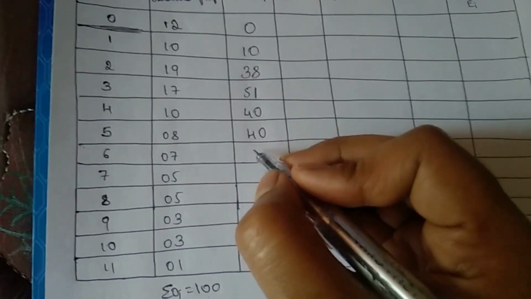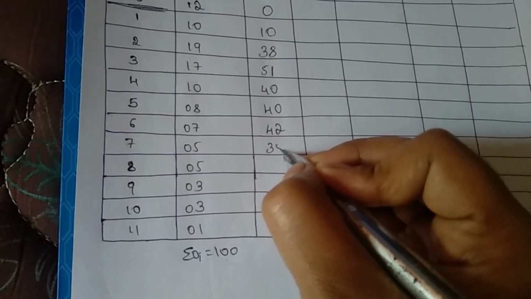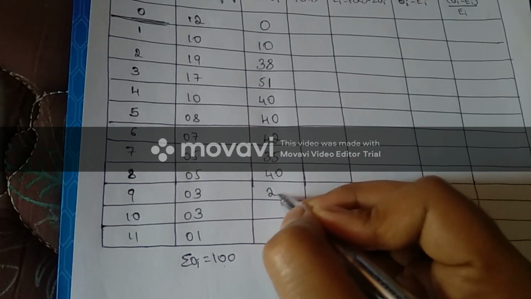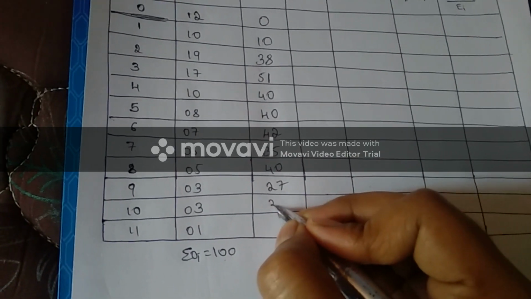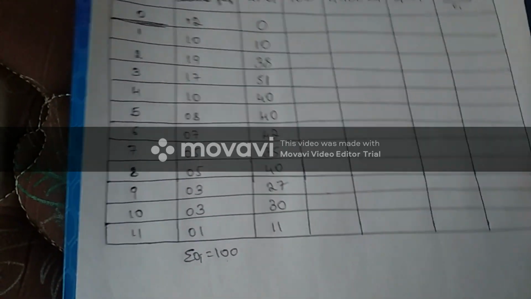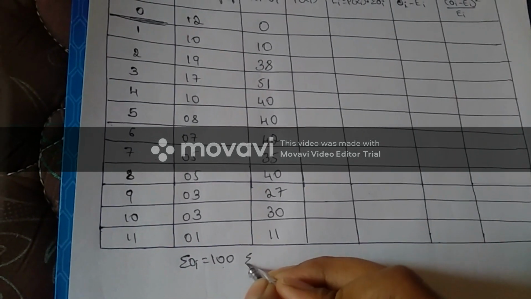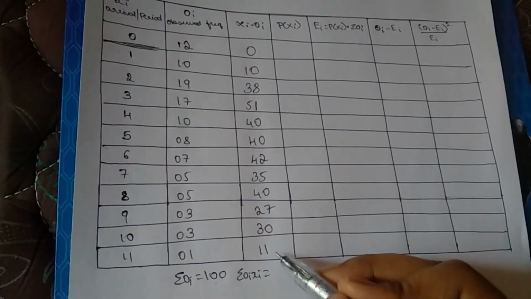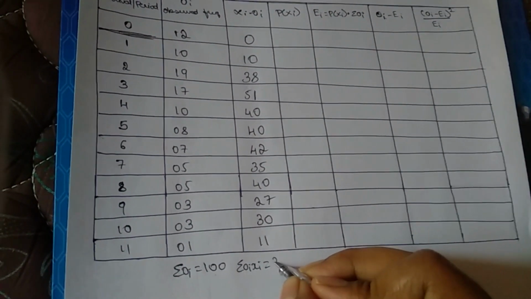Then 7 into 6 is 42. Then 35, again 40, 27, 30, 11. Just take the summation of oi into xi. Sum up all these things, you will get 364.